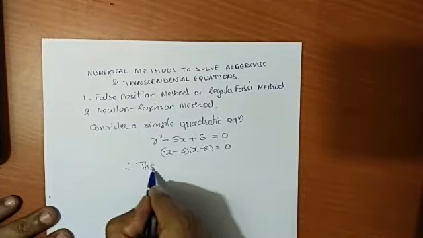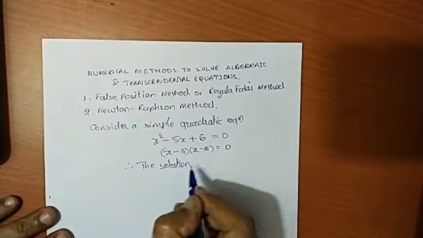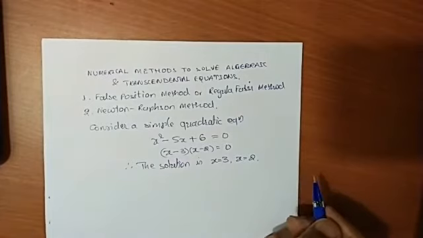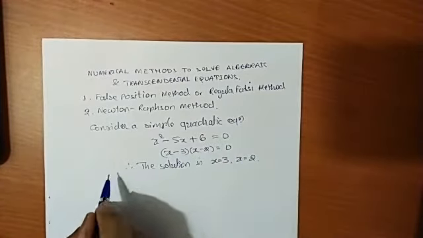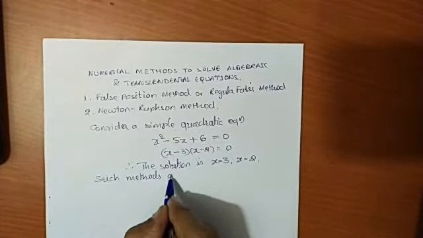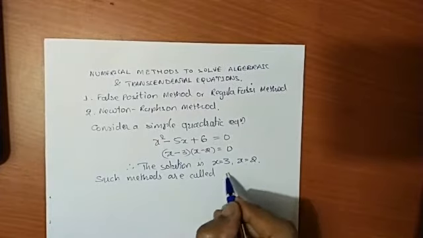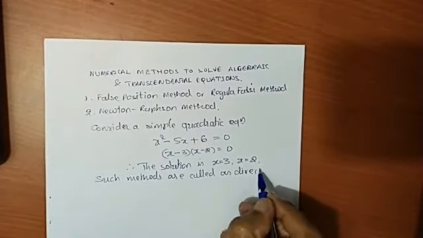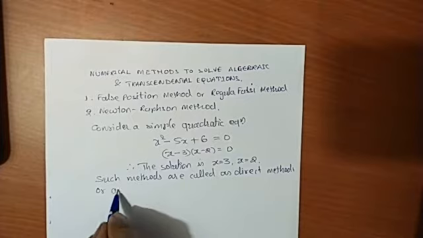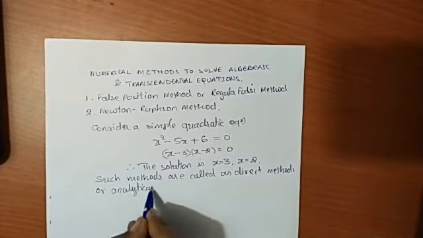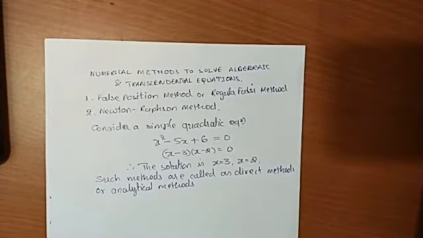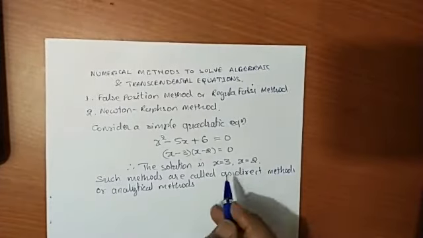Therefore, the solution is x is equal to 3, x is equal to 2. That means 3 and 2 are the roots of this equation. Such methods are called direct methods, or analytical methods. Here we make use of certain rules and certain formulae to arrive at the solutions.